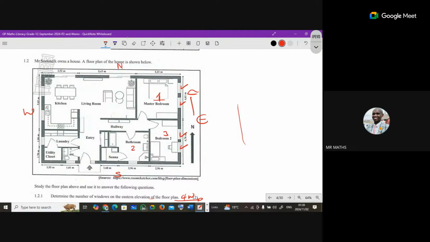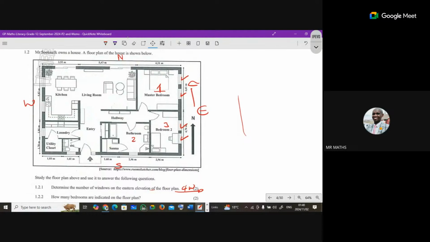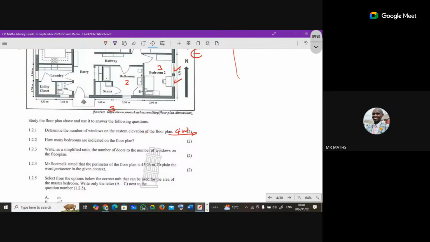We have only 3 bedrooms. So you can write it there. They were asking how many bedrooms do we have? So we said there are 4. So now we are saying how many bedrooms is it? How many bedrooms are indicated on the floor plan?